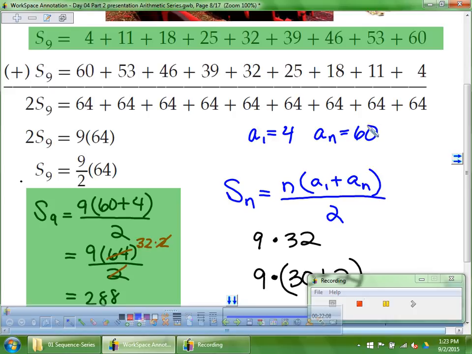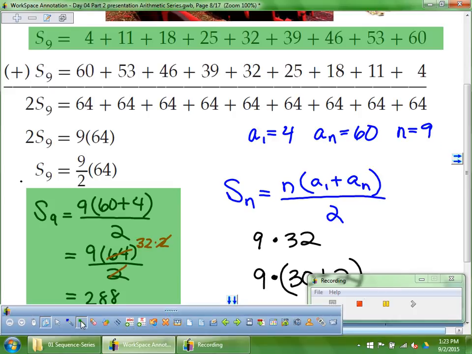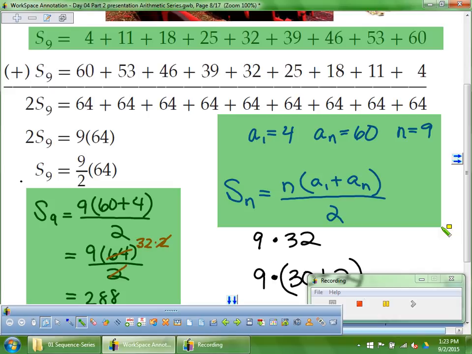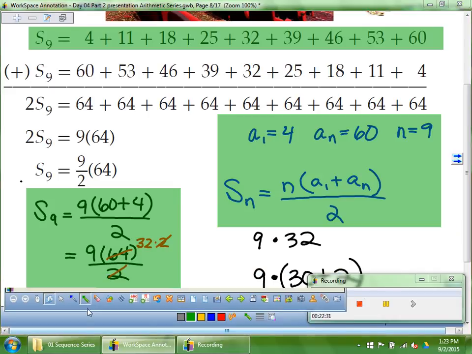And the only other piece of information we need is n, and we found there are 9 terms. Because it's the last one. It does, and in this sense, it's the last one. Because there's no more. No, n does not stand for no more.